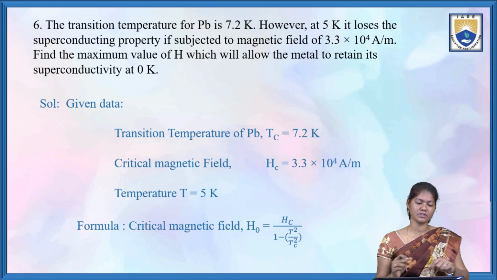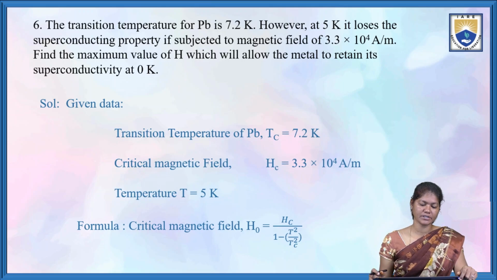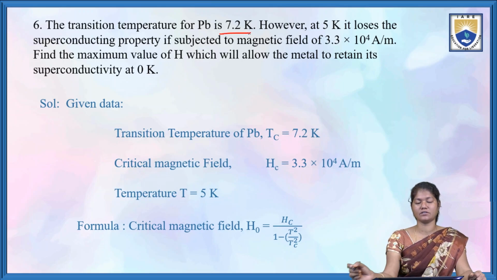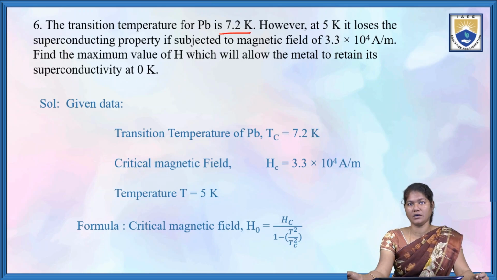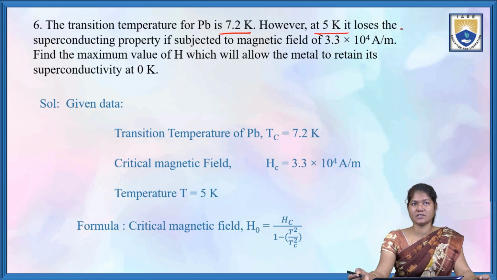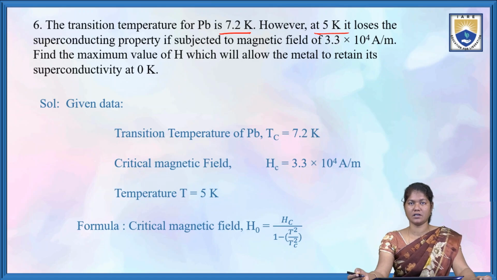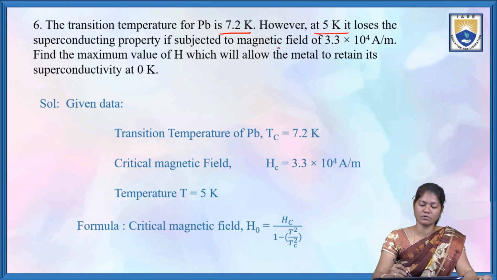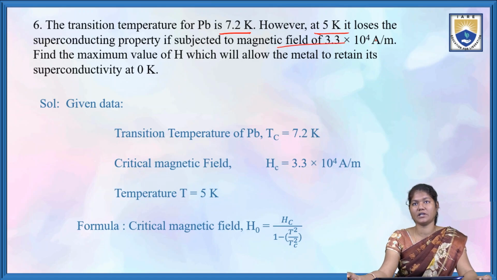So the next problem is the transition temperature for lead is equals to 7.2 degree Kelvin. However, at 5 degree Kelvin, it loses the superconducting property if subjected to magnetic field of 3.3 into 10 power 4 ampere per meter.